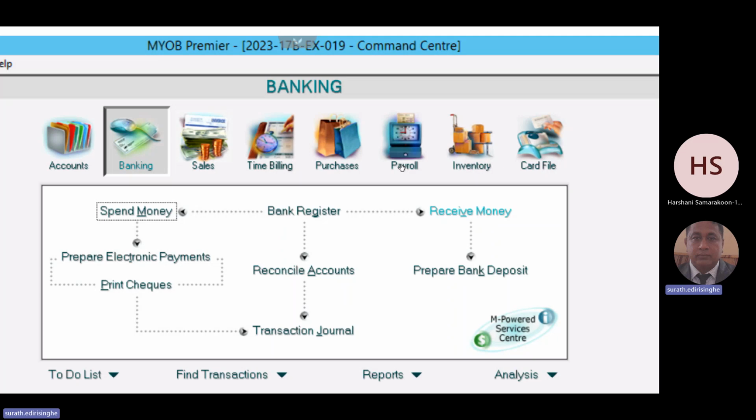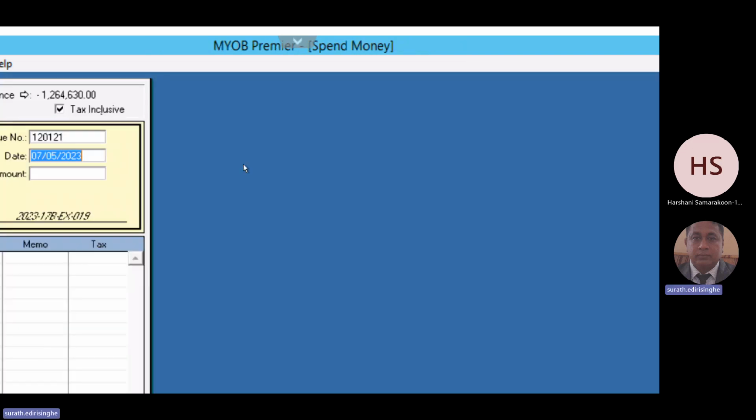Like KFC and McDonald's paying on this income. Understood? There are two recurrent entries: recurrent payments and recurrent income. Recording the recurrent payment, spend money.